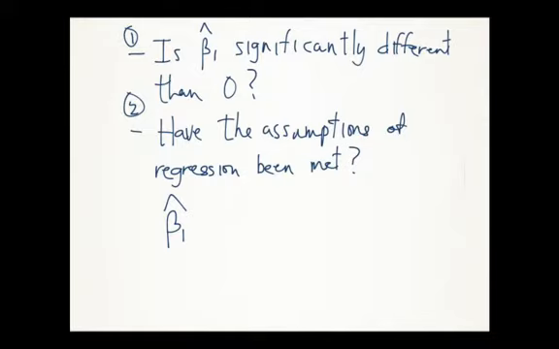In order to determine if beta 1 is significantly different than 0, we need an estimate of the variance of beta 1. So what does that look like? And again, we leave the derivation of these things to the statisticians, but we can use the results to provide us with some insight.